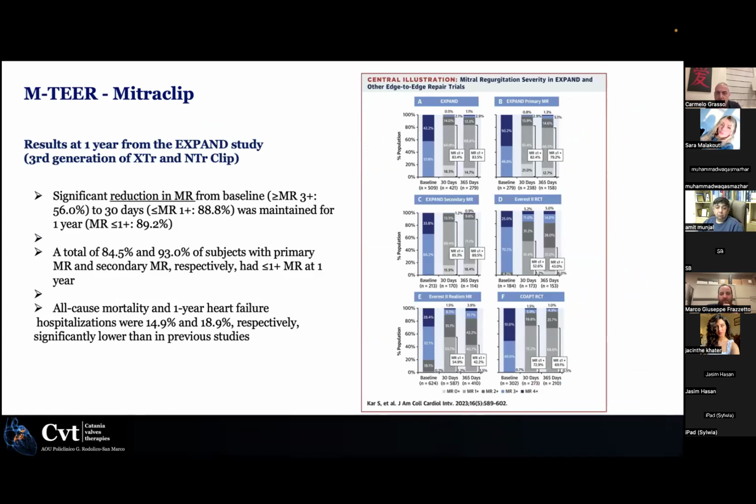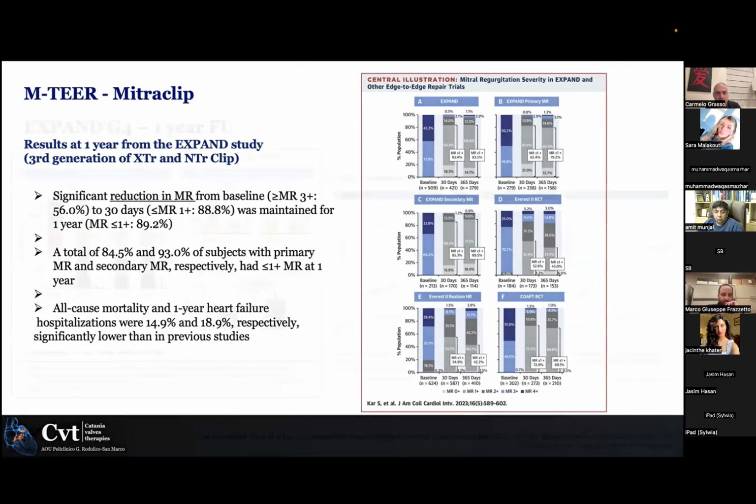All the patients were treated with the third generation of the MitraClip, with the XTR and NTR clip. So it was an older version, but still we have good results in terms of reduction in mitral regurgitation and improvement in NYHA class, quality of life and functional capacity.